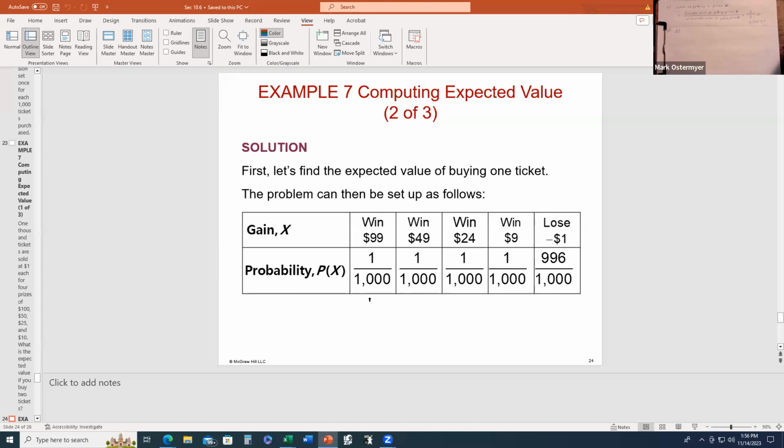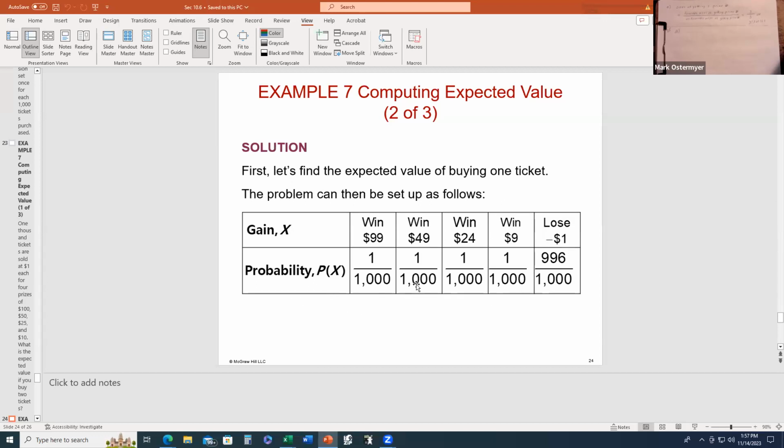The $50 prize, 1 out of 1,000. The $25 and the $10 prizes also 1 out of 1,000 each. So there would be 1,000 minus 4, or 996 losing tickets, in which case we would lose $1.